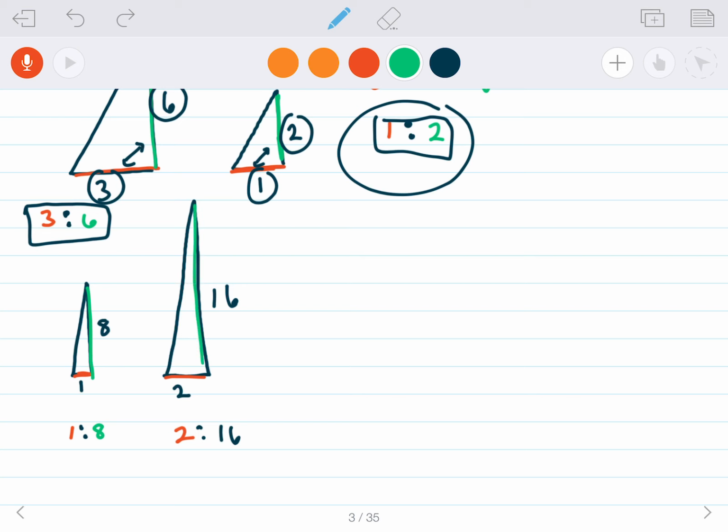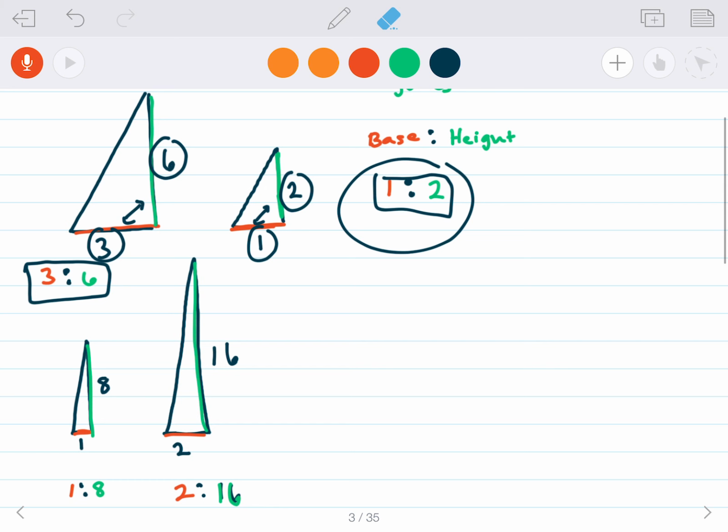If we divide top and bottom by 2, 2 divided by 2 is 1, and 16 divided by 2 is 8, so it reduces to that. And what this is saying is that this guy is a scalar multiple of this guy. It's scaled up by a factor of 8. So the ratio between the sides are the same. That's what creates the same shape, even though they're different sizes.